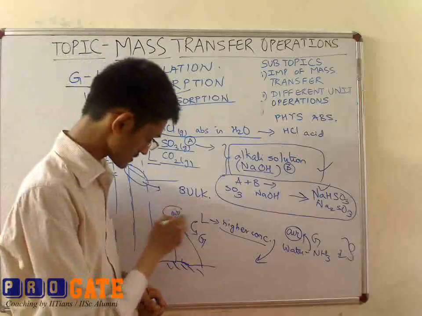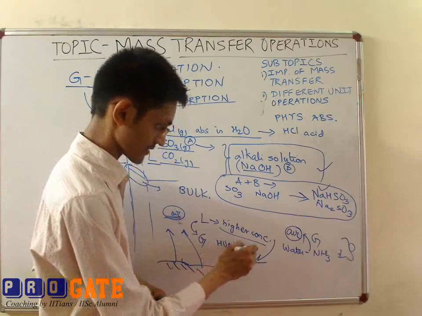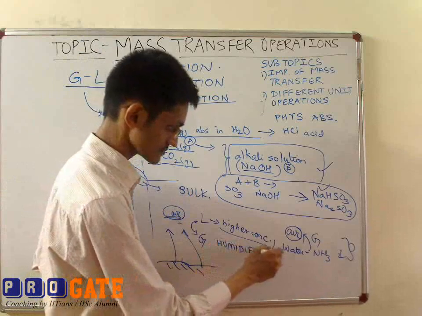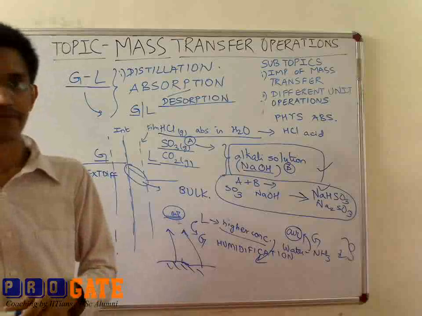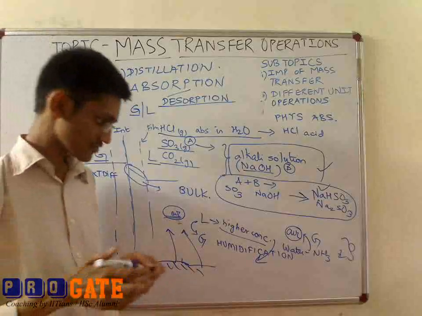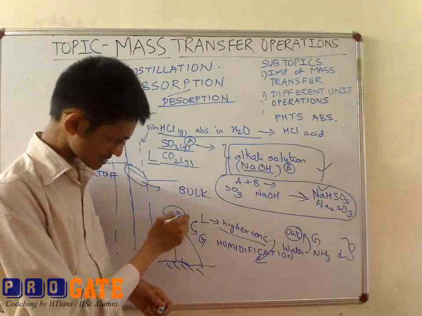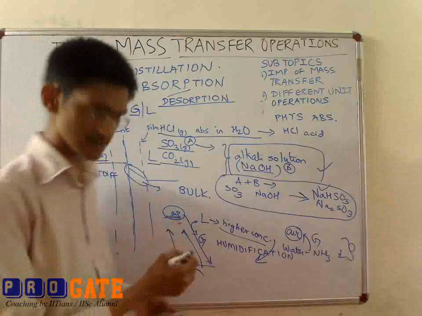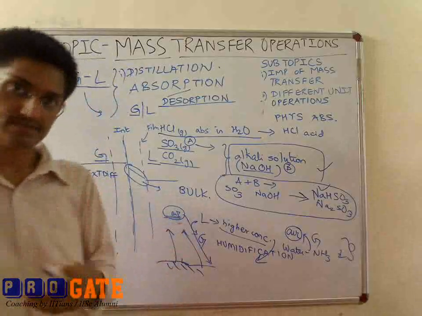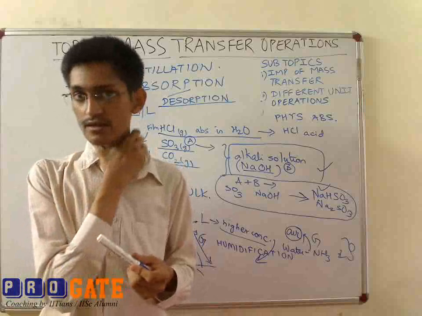So that is what is humidification of air. Whereas dehumidification would be water vapor or the moisture from air going back to the liquid phase, that is condensing. Condensation leading to water.